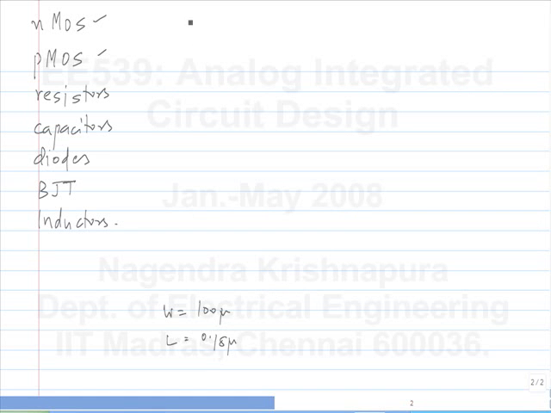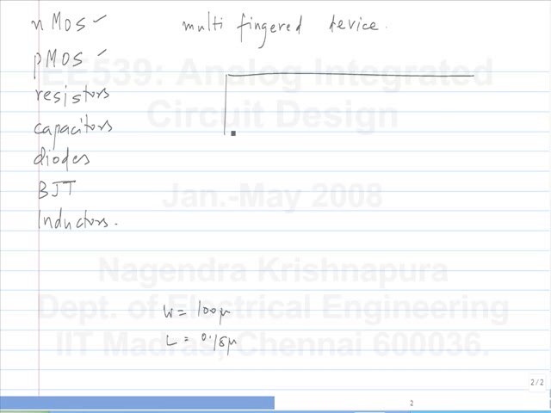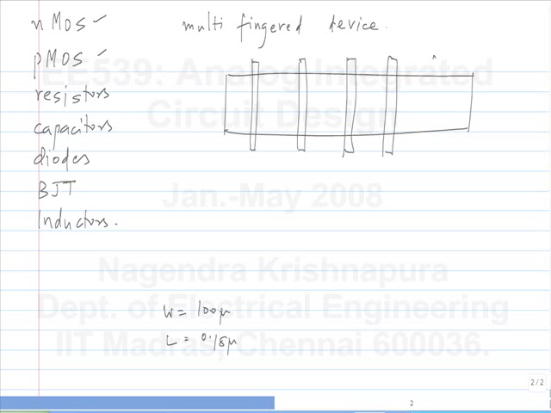So to get a wide device, you use what is known as a multi-fingered device. The finger here refers to the gates. So you have a number of gates which separate diffusion areas. All of this is N plus for an NMOS transistor. You lay it out in a line like this, but you have to connect things in parallel.